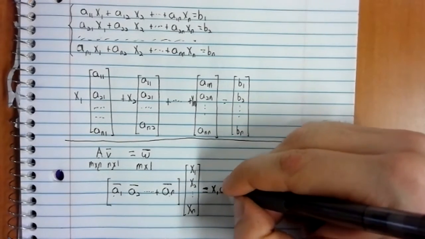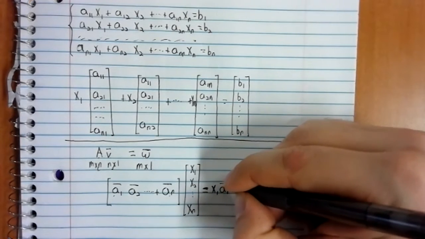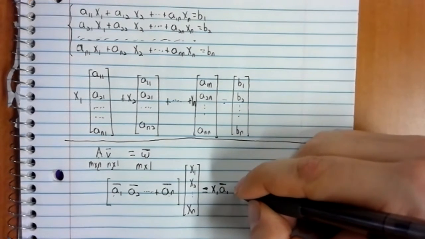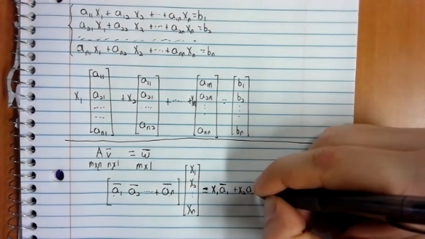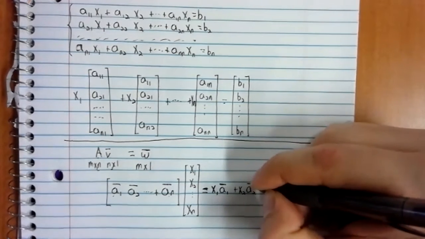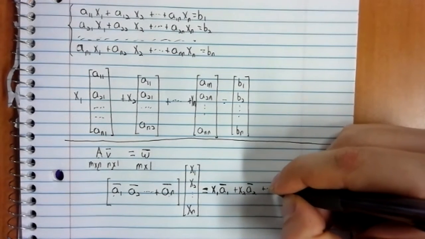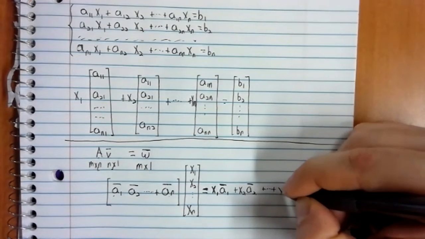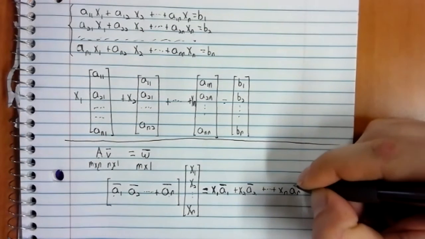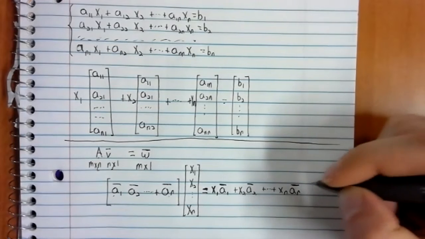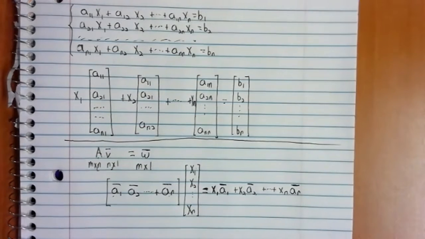X1 times A1, X2 times A2, up to X sub n times A n.